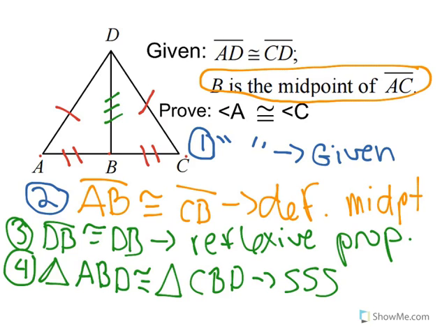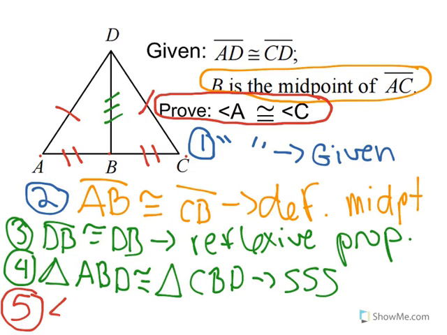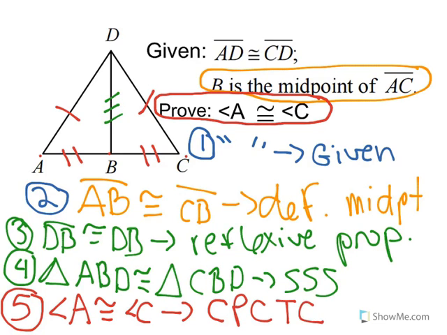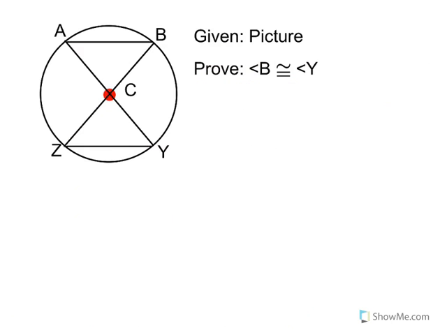So now that we have the triangles being congruent, I can go back and see that I want to prove angle A is congruent to angle C. Since the triangles are congruent, any of the corresponding parts will be congruent. So that means I can end my proof of what I want to prove. Angle A is congruent to angle C, and that would be by CPCTC. Corresponding parts of congruent triangles are congruent.